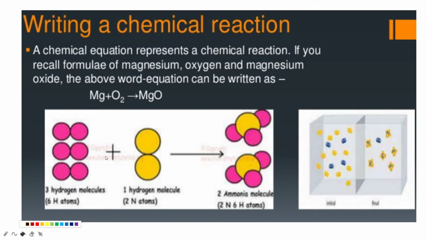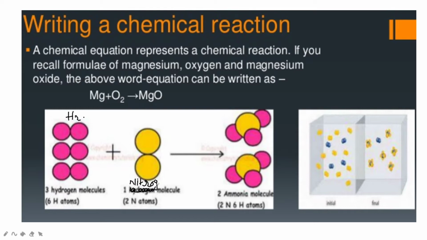Okay, so how to write a chemical reaction in the form of a chemical equation, we are going to discuss in detail. So here if we see, three hydrogen molecules are there. Hydrogen exists as H2. Three H2 molecules are there and one nitrogen. Sorry, here hydrogen is written, it is actually nitrogen.